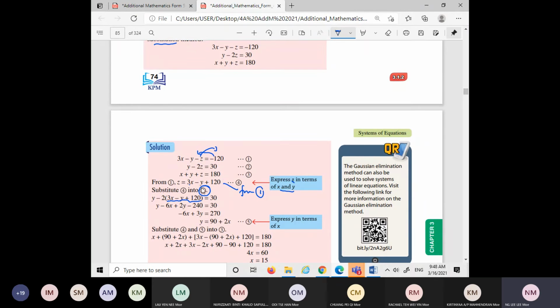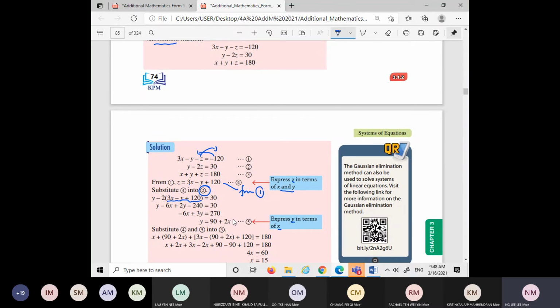This is from the second equation. Then they will get another one, y in terms of x. Same thing. Why they choose y is because the coefficient of y is 1. So they express y in terms of x.